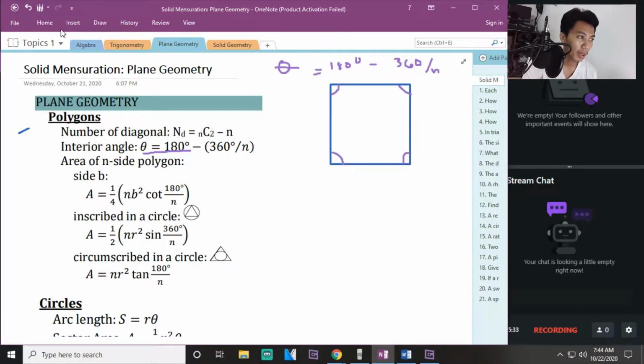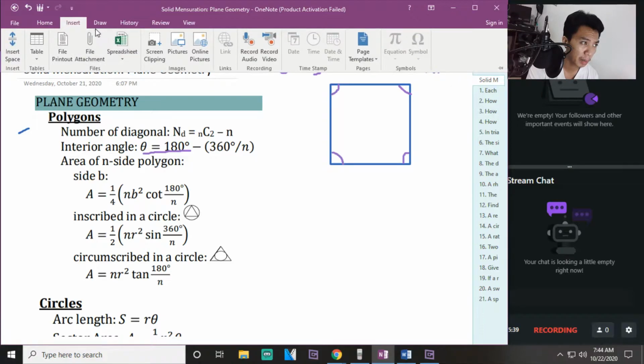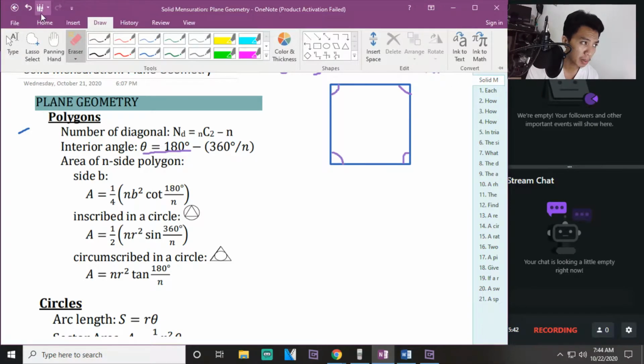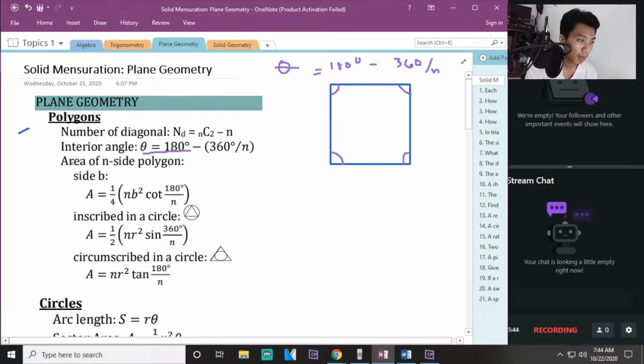Okay. The area of the polygon. Ngayon, pag regular polygon, sir, meron ba tayong mga mnemonics dyan para mas madali nating matandaan? Yes, there is. So, ganito kapag ang polygon mo daw, walang nakabalot na circle or any circle sa kanyang loob, this is 1/4 NB squared cotangent 180 over N. Sir, paano ko ilalagay sa calculator yan?